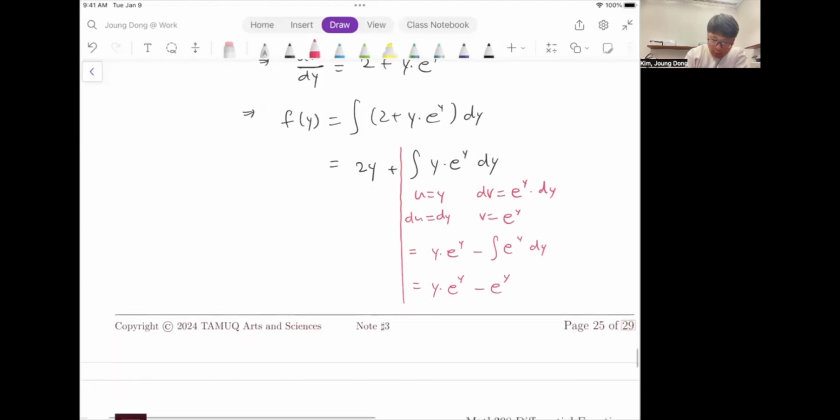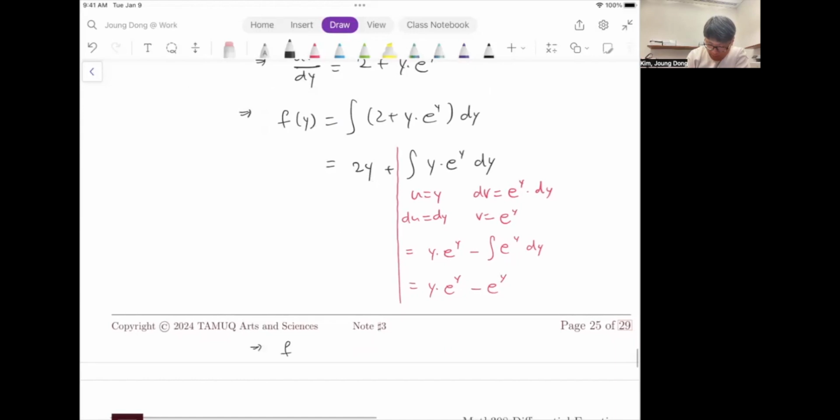So let me keep writing on the bottom. Even if we don't have enough space, we can do it. F of y is equal to 2y plus y e^y minus e^y. We are not done yet. We have to plug it back into my psi function, okay?